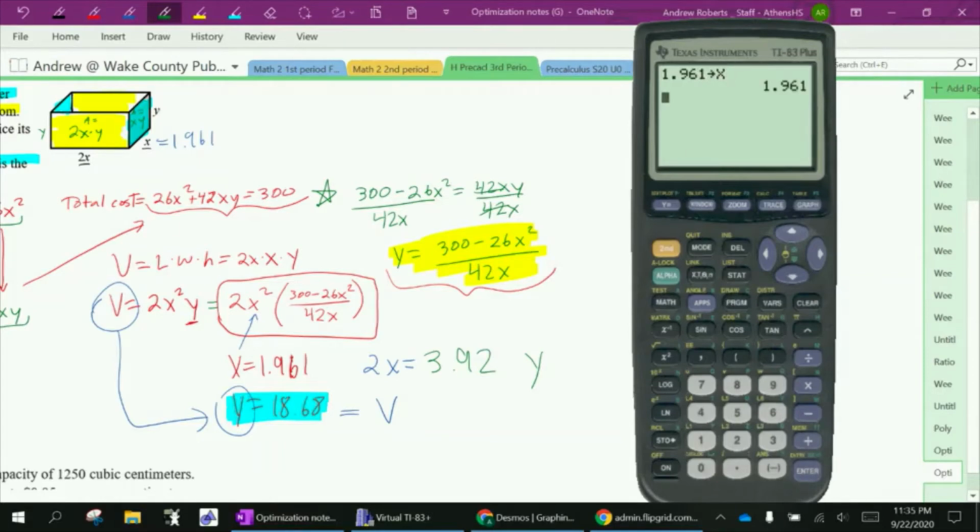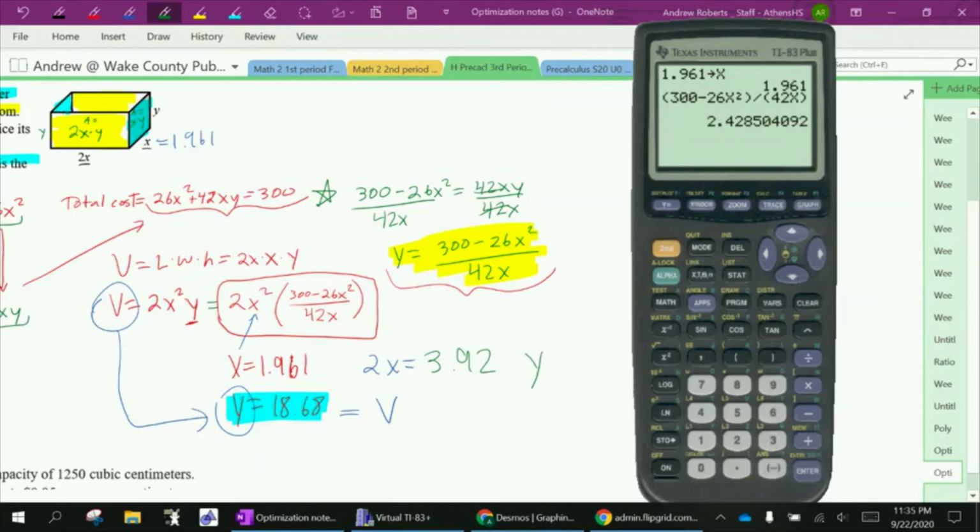That way, all I have to type in is 300 minus 26x squared divided by 42x. And it saves a decent amount of time.